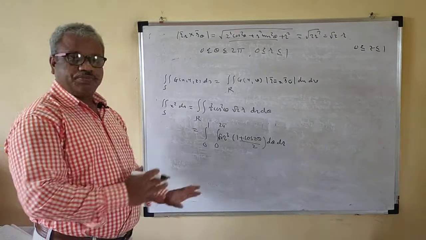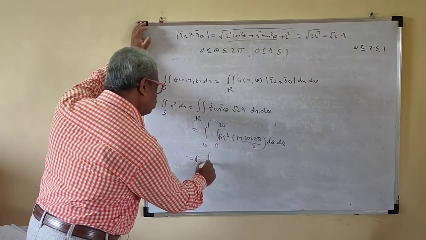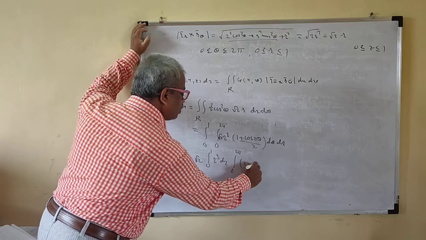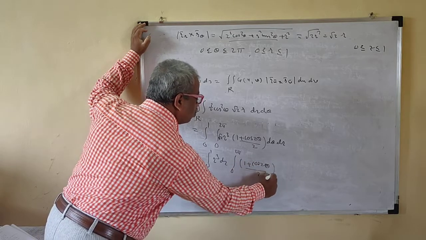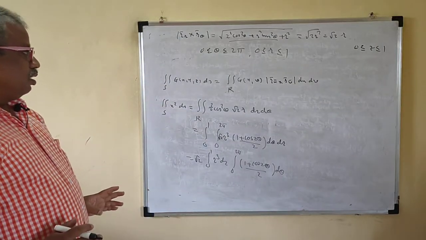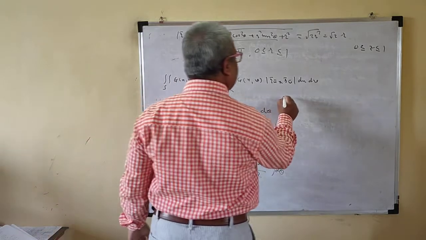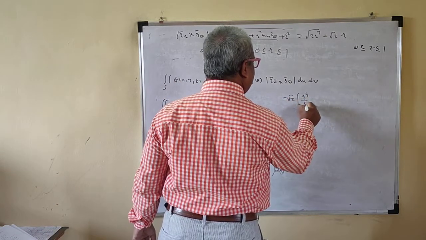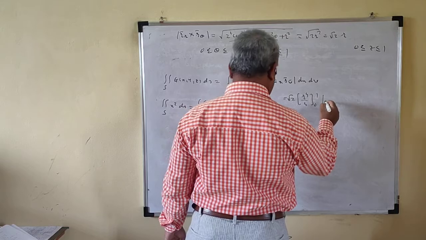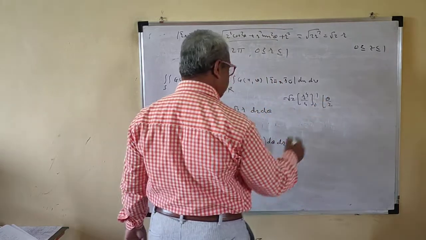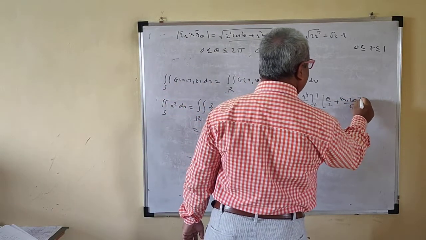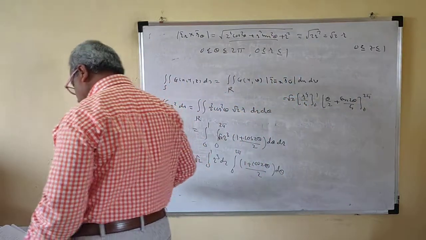Okay, now this is a product, so we may separate this integration: 0 to 1 r cube dr, and 0 to 2 pi of 1 plus cos 2 theta upon 2 d theta. Because of the product and the limits being constant, you can split this. So now root 2, r raised to 4 upon 4 from 0 to 1, and theta by 2 plus the integration of cos, which is sin 2 theta upon 4, from 0 to 2 pi.